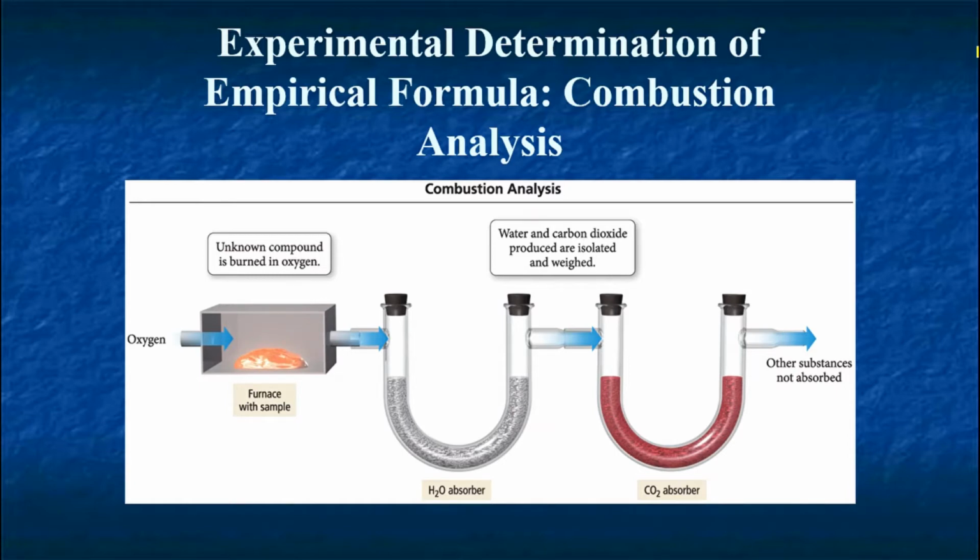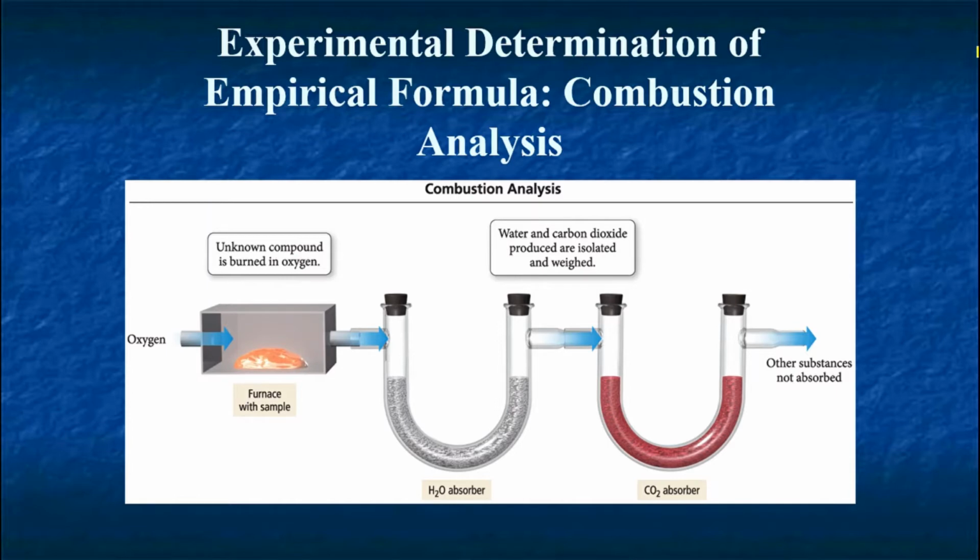And then anything that did not get absorbed is passed through. The apparatus is set up so that we know the starting mass of the material that absorbed the water. So we can calculate the difference before and after combustion and therefore obtain how much water was produced.